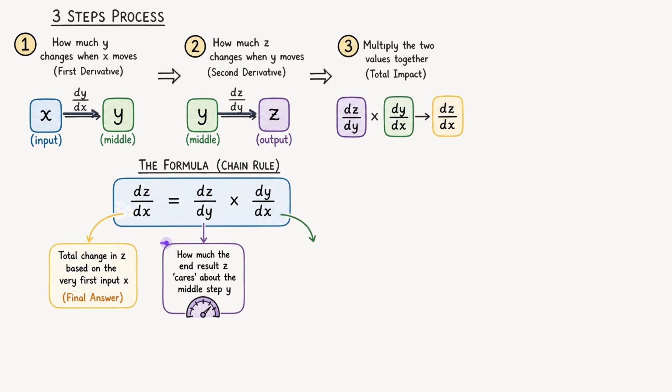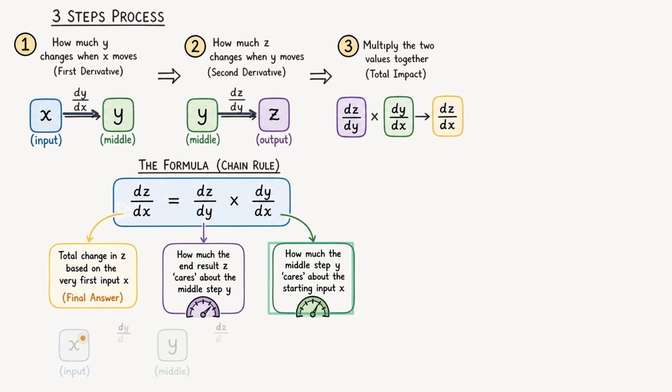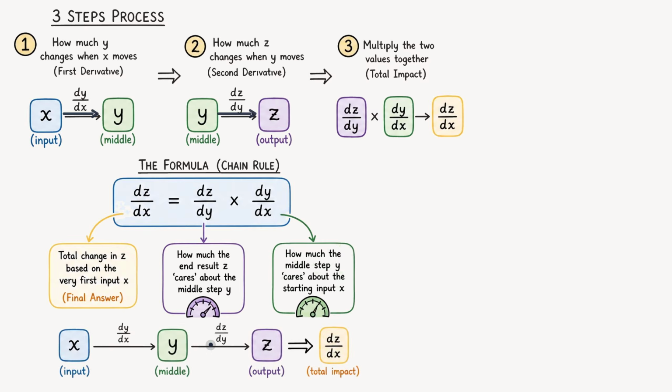It represents how much the end result, z, cares about or is sensitive to the middle step, y. Right next to it, we multiply by dy over dx, which represents how much that middle step, y, cares about the starting input, x. By multiplying these 2 step-by-step sensitivities together, we completely bridge the gap between the start and the finish. In summary, the total rate of change is simply the product of the rates of change at each individual step in the process.